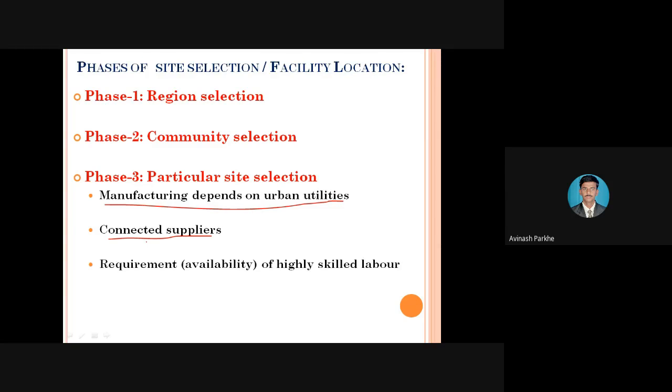Because sometimes what happens is we start our industry in the urban areas or near a big city, but the suppliers are not available. At one location your industry is there, and at another point the suppliers are there. He can supply all the necessary equipment, raw materials and services, but the cost is more.